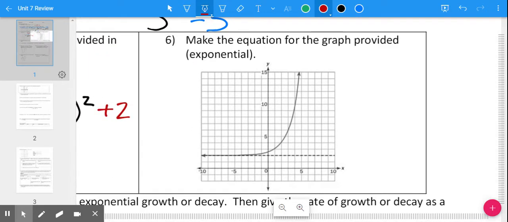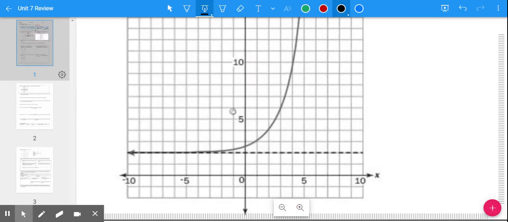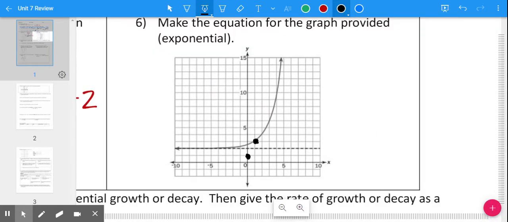So to make the equation for this graph, the y-intercept is always 0, 1 on the parent function. So this y-intercept that was right here is actually now right there. So it's gone up 2 and to the right 1.